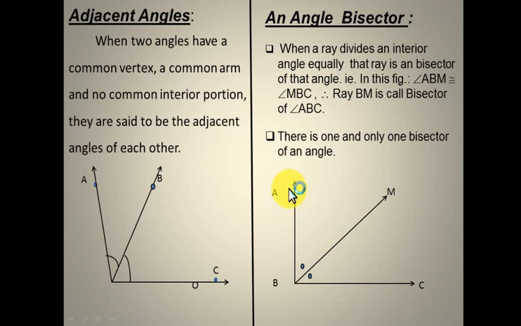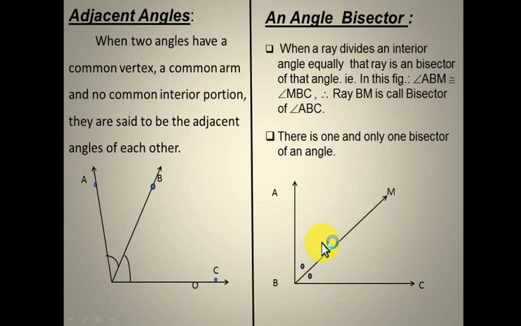Why did I take 45? Because this is a right angle. If it is an acute angle of 40, then 20, 20; obtuse 110, then 55, 55. It will be divided that way. So the measure of the angles should be the same. A bisector always divides an angle into two equal parts, and only one bisector can be drawn through an angle.